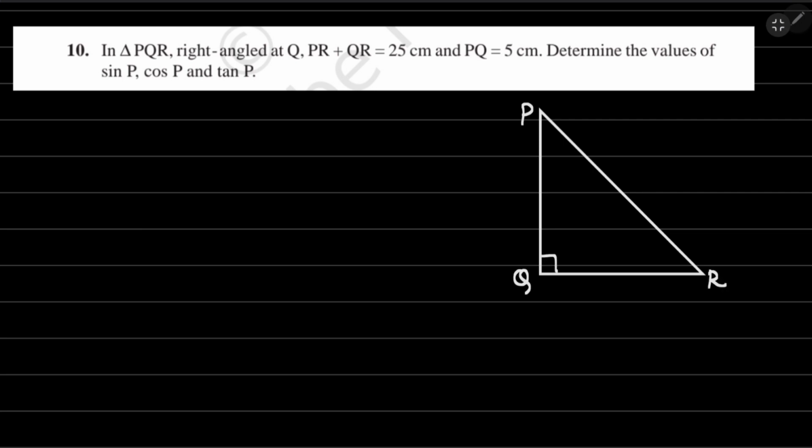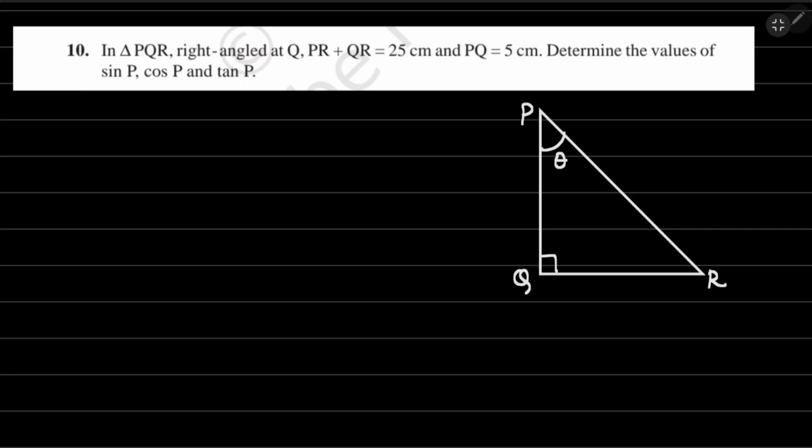First of all, let us draw a right angle triangle. So this is your right angle triangle which is right angled at Q, and this happens to be P and R. You have to find the values of sin P, cos P, tan P. So where is our reference angle? This is your reference angle theta.